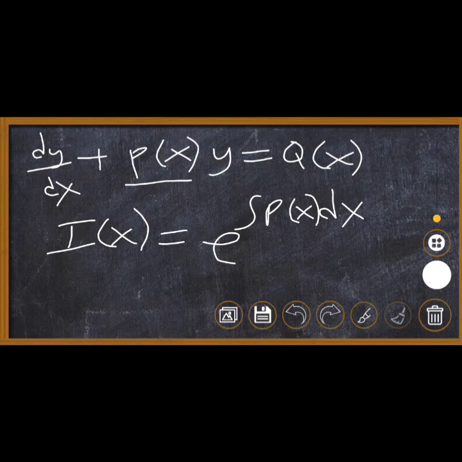So after you find your integrating factor, you go and replace it in the general equation. This is always the general equation that you will be using after you have integrated the power here and simplified.